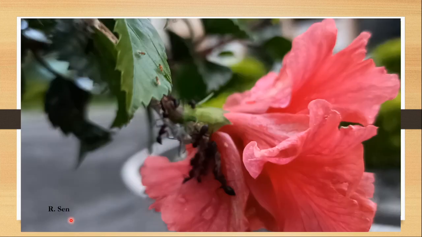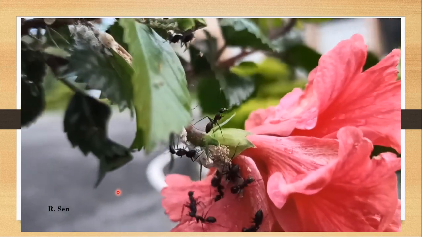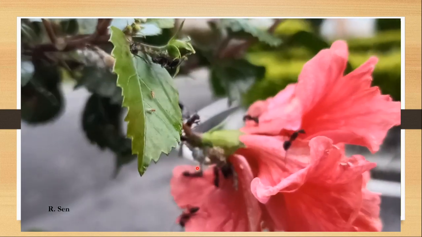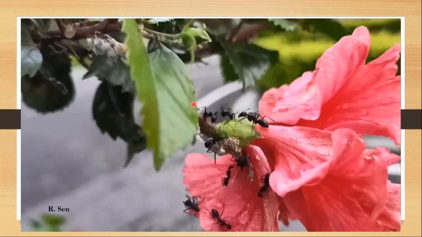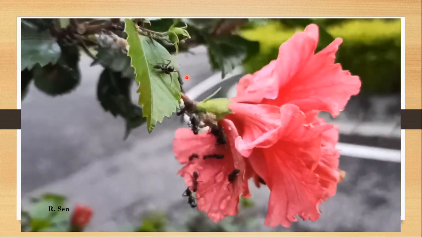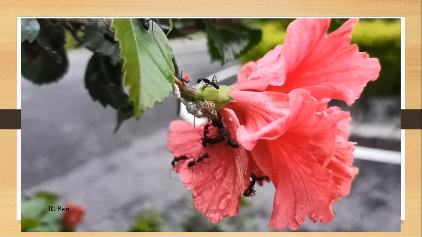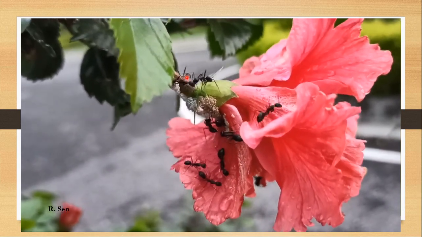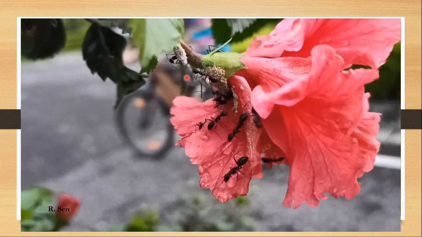Similarly, some mealybugs also form mutualistic relationships with ants. You can see that these insects here are much bigger. Please look at this small insect here. This is not another species. This is the male of the mealybug. Remember I said that in coccids, the males go through pupation and the females don't.